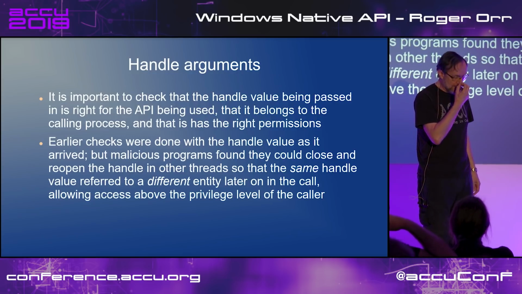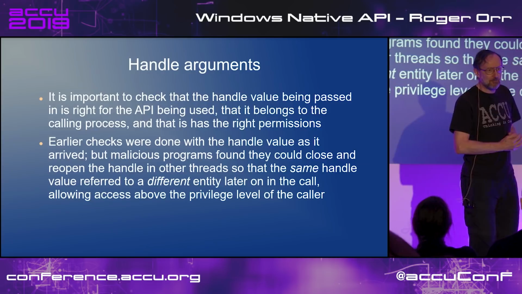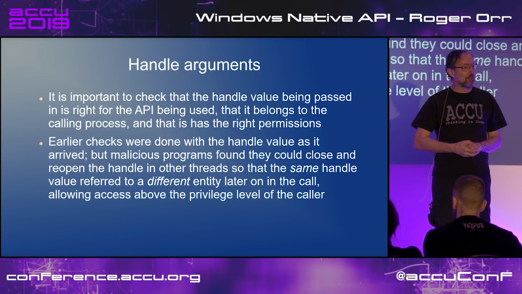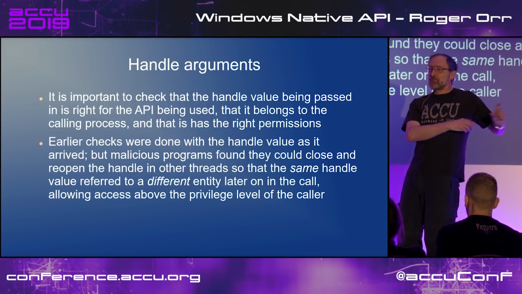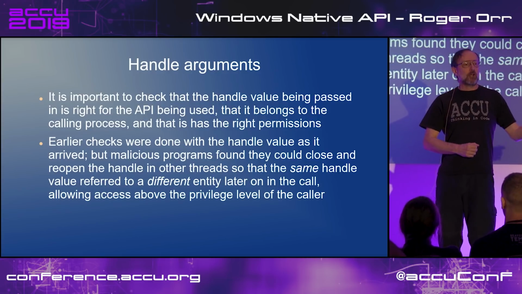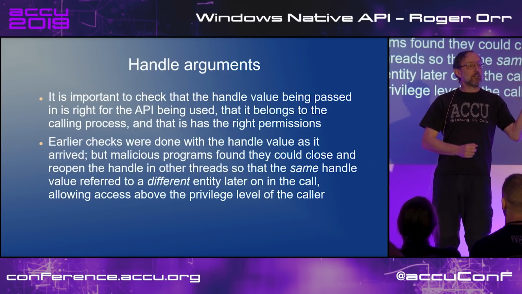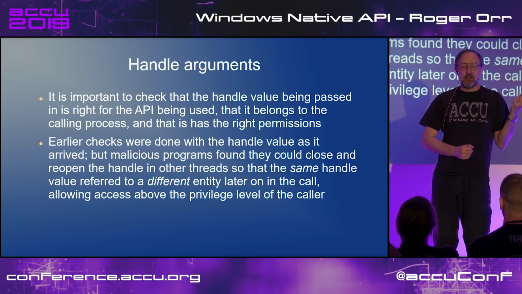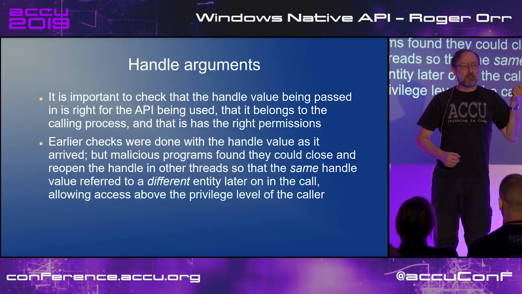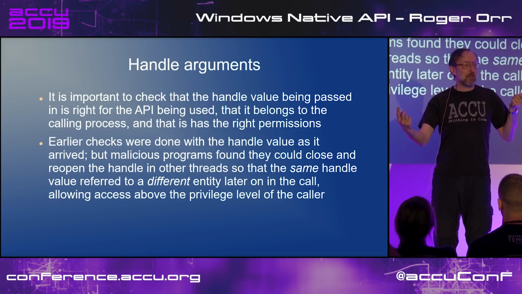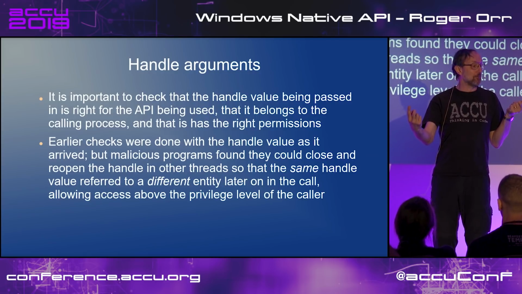And then some clever people said, we've got multi-threaded programs now and we've got multi-threaded hardware. In my other thread, I will close and reopen in a really tight loop, and I'll hope to get a new entity owned by that handle that I'm not allowed to do that operation on.